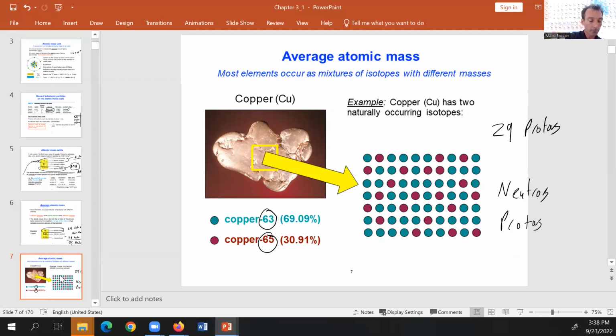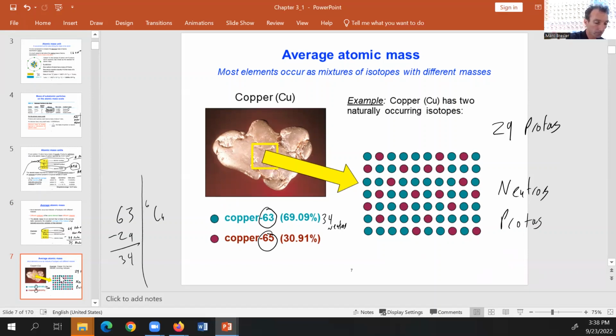So copper 63 minus 29 is 34. So this one has 34 neutrons. And copper 65, if you take the difference there, 65 minus 29, that is 36 neutrons.